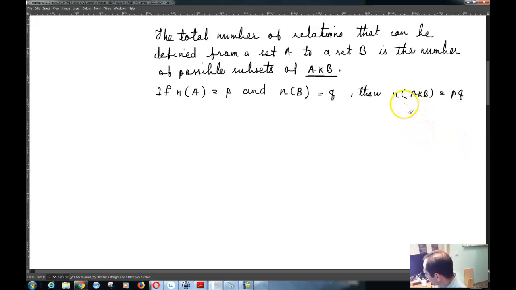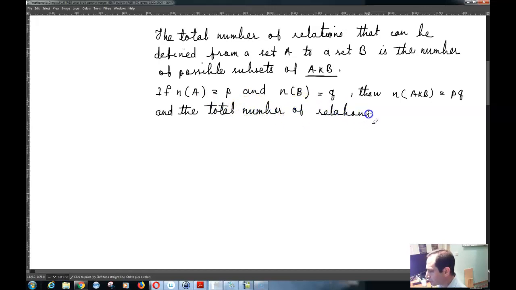And the total number of relations would be 2 raised to the power p times q.